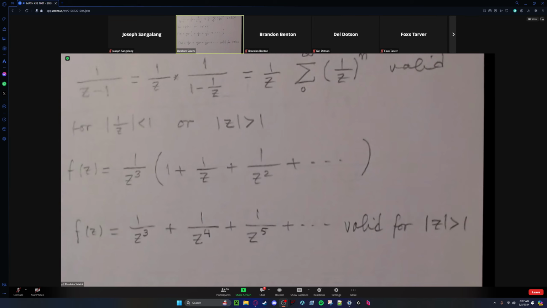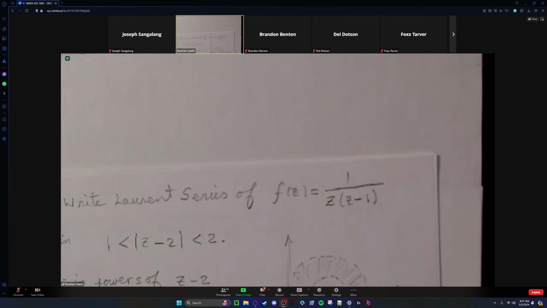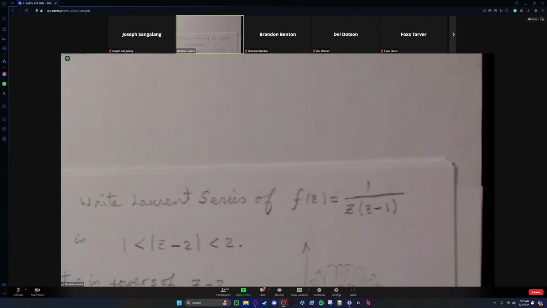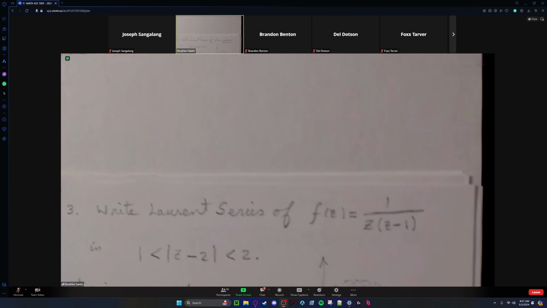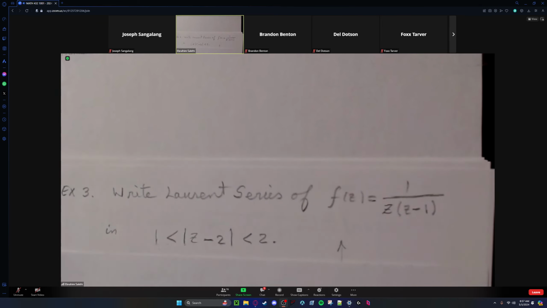Okay, I don't see any question. Let's see. Here is another example. Now, for this example, here is the function. Again, it looks like the function in example 1.